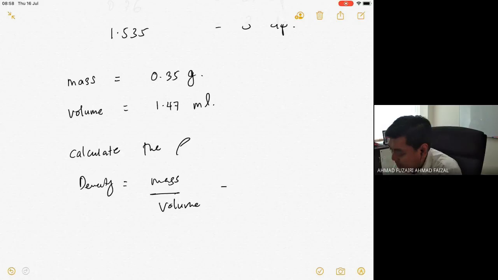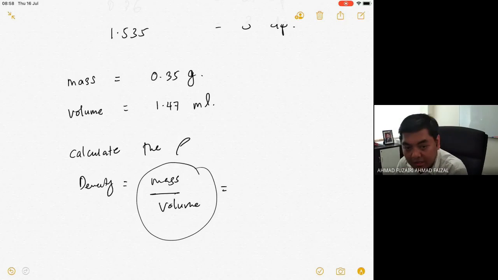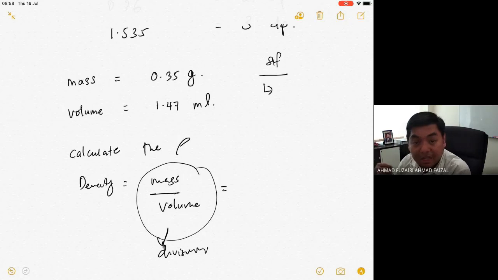So the density is mass per unit volume. Mass is 0.35 and 1.47. Now, obviously, this is the division, pembahagian. Kalau ikut video Dr. Ikhwan, dia bagi tahu significant figures only ada kepentingan bila dia berlaku dekat multiplication ataupun division.